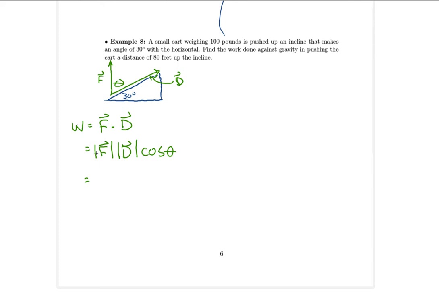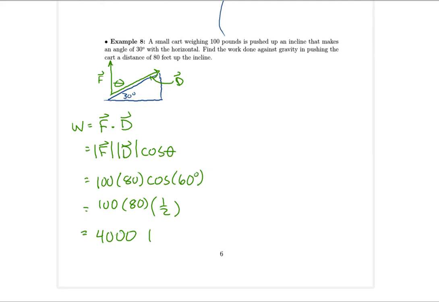So we could say this is 100 pounds of force times 80 for the distance, times the cosine of 60 degrees, which is a half. So 100 times 80 times a half gives me 4,000 pound-feet.